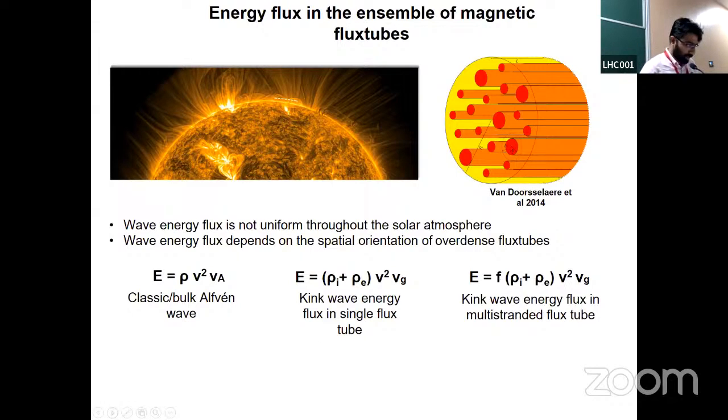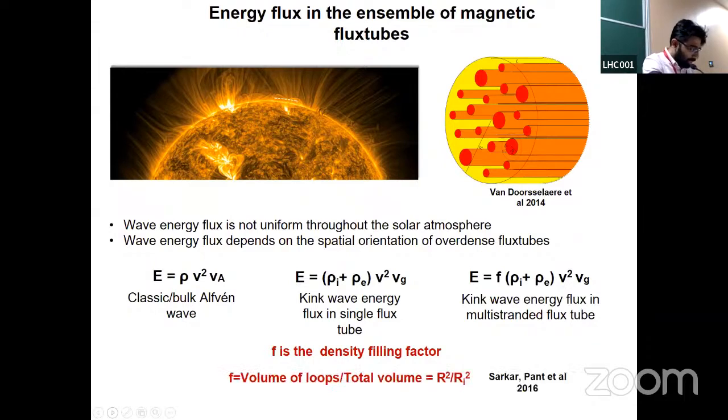In my talk, I will call it the filling factor. And this F is basically the density filling factor here. Filling factor could be a magnetic filling factor, but here it is a density filling factor. And it is defined as the volume of loops divided by the total volume in which they are enclosed. So if you know the total volume, and if you know the volume of individual loops, then you just divide both of them and you'll get the filling factor.